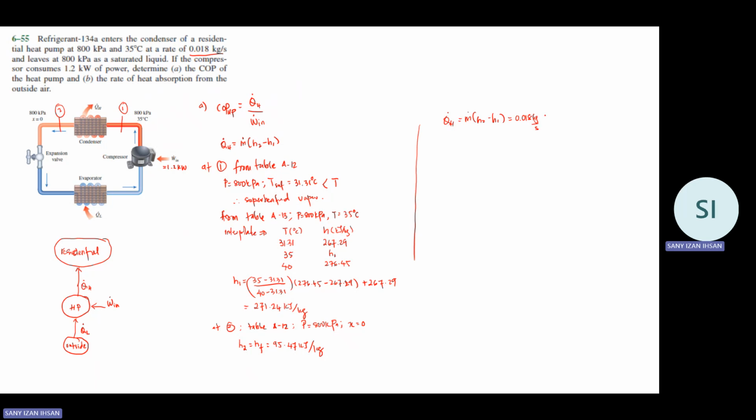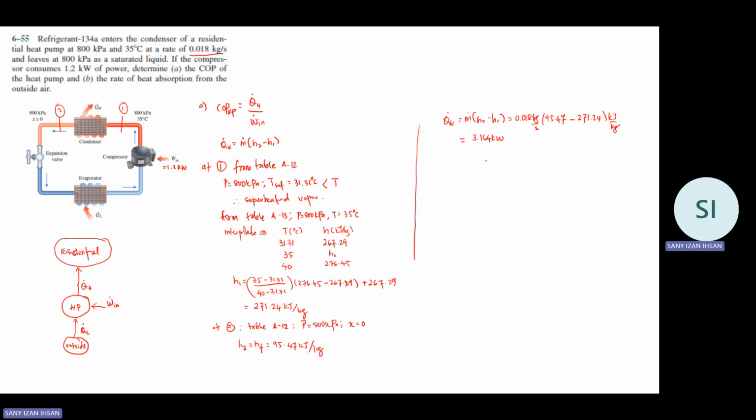H2 is 95.47, minus H1, which is 271.24. The unit is kilojoule per kilogram. Cancel kilogram, so you have kilojoule per second, and your QH dot in this case is 3.164 kilowatt if you calculate that.